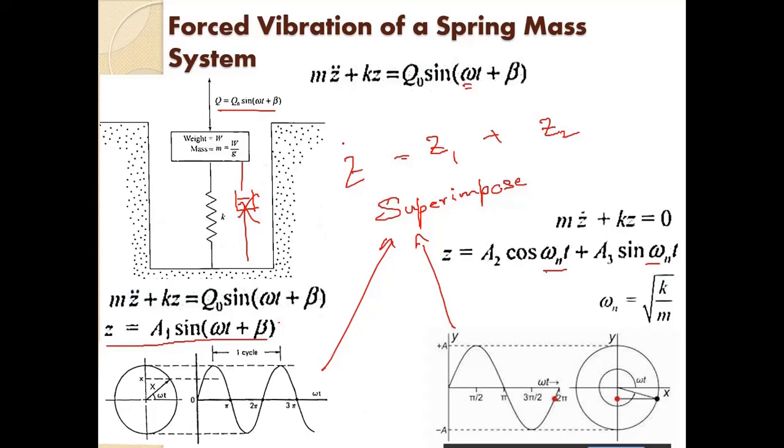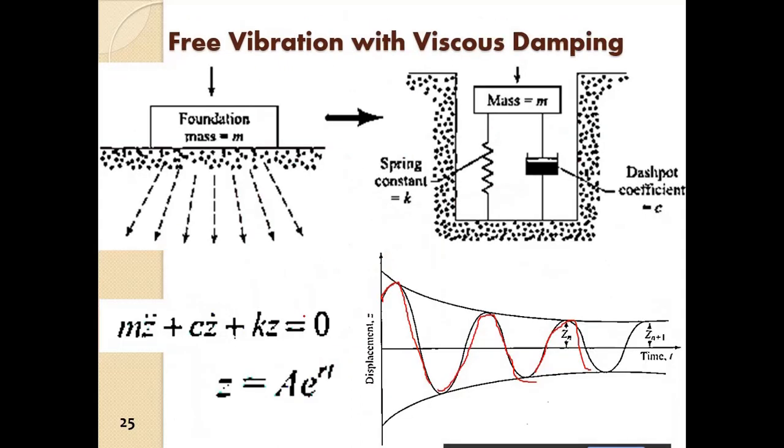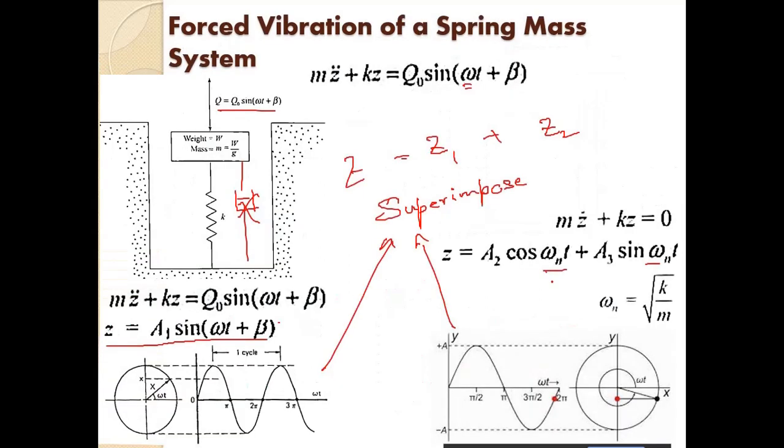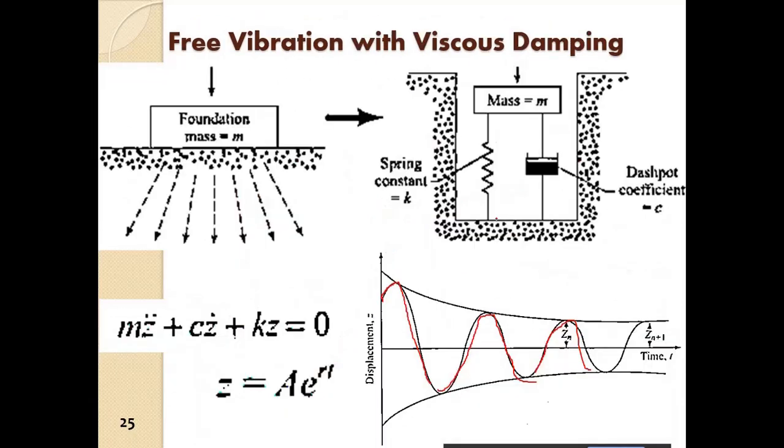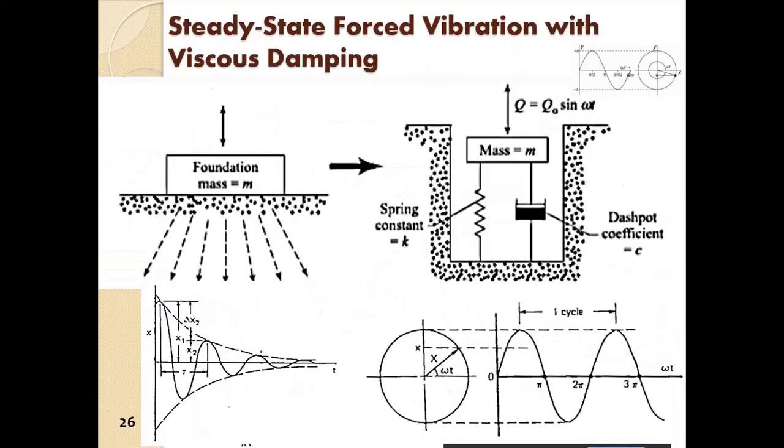We have two vibrations, but in reality, the natural vibrations in the soil will die out after a few cycles due to the damping effect. So this is the natural vibration, or the vibration of the system at its natural frequency.